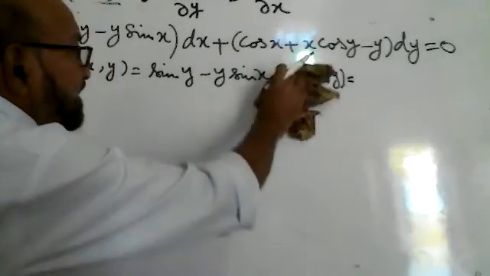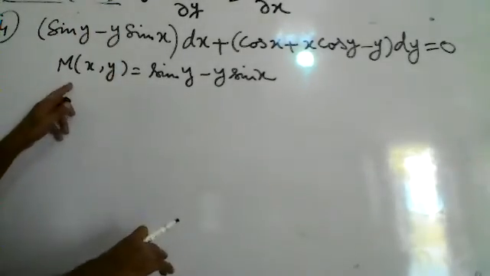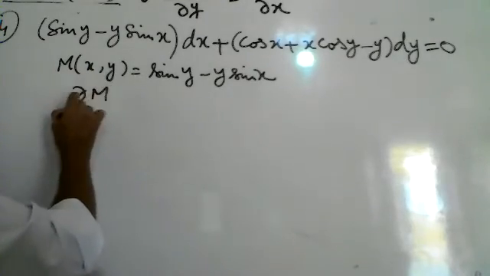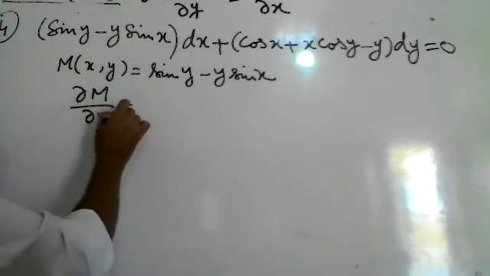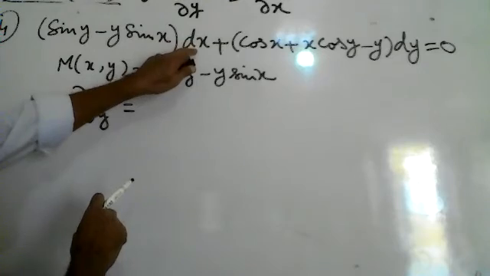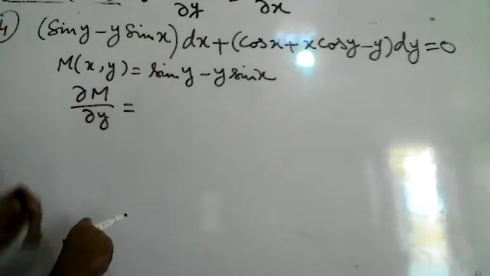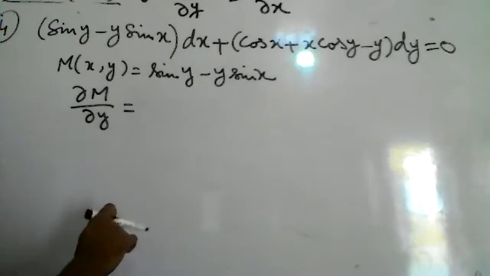We'll find that later. First we differentiate M with respect to y. Since it is associated with dx, it is taken as the partial derivative with respect to y.